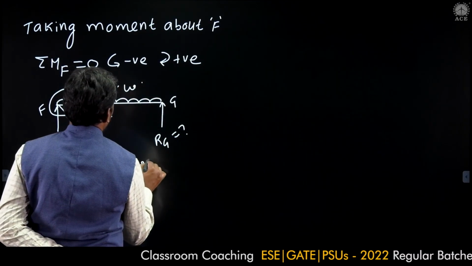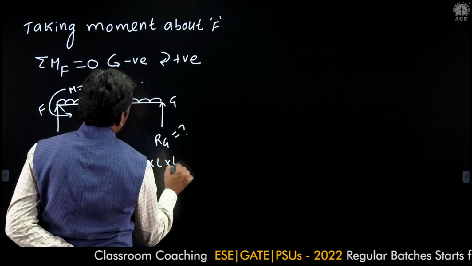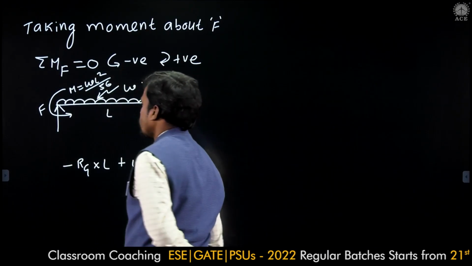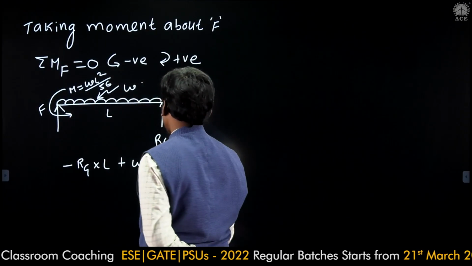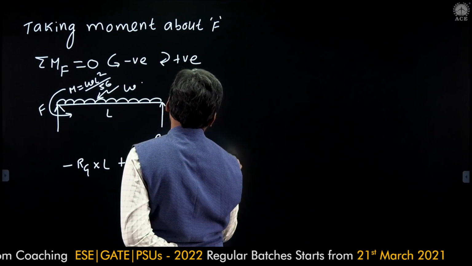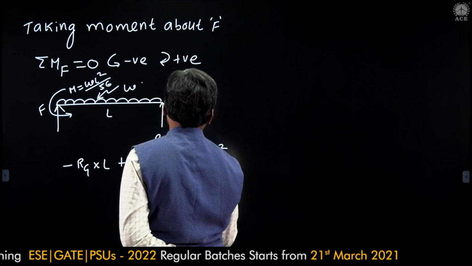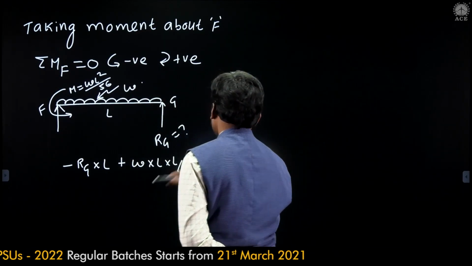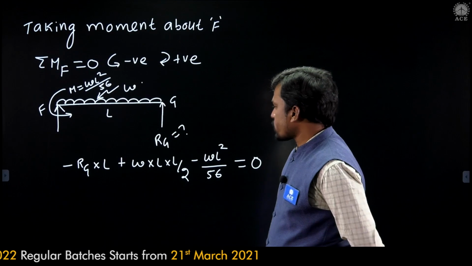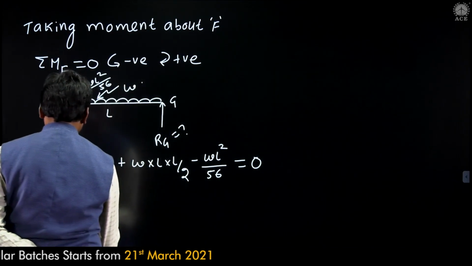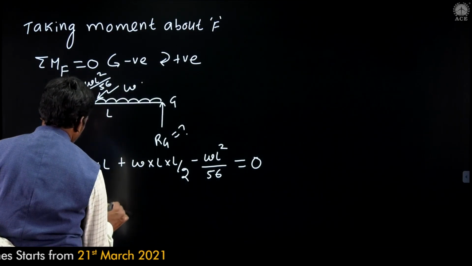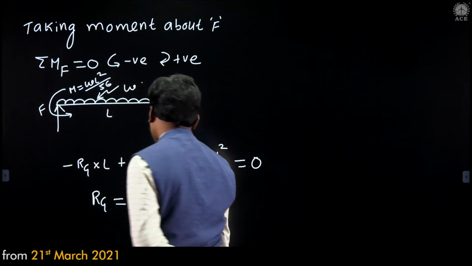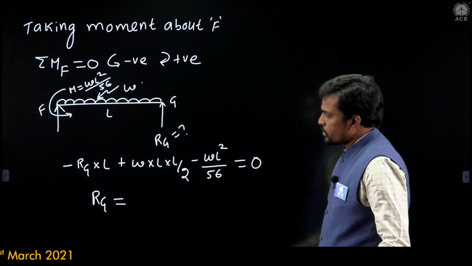Plus W into L into L by 2, and your moment is anti-clockwise, right? Minus WL square by 56, then equals 0. Then from this equation, can you find the reaction RG value? Just solve this equation.